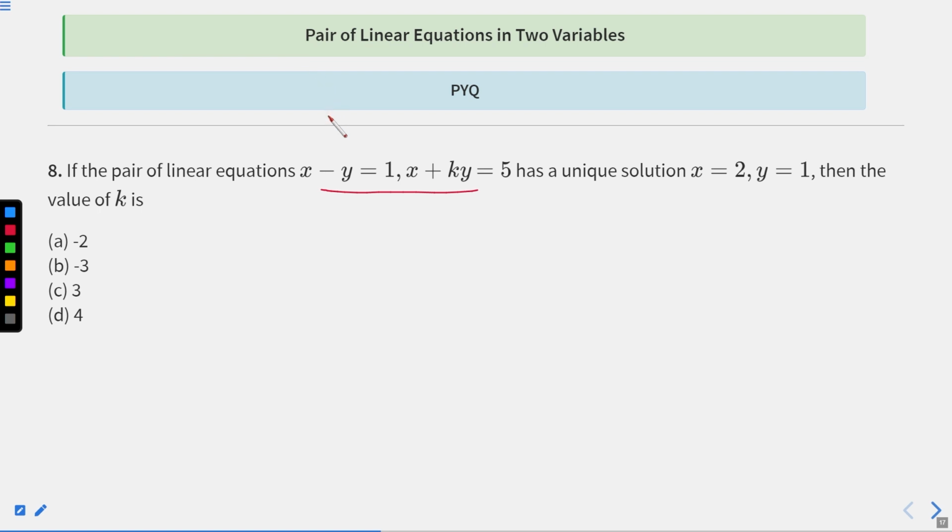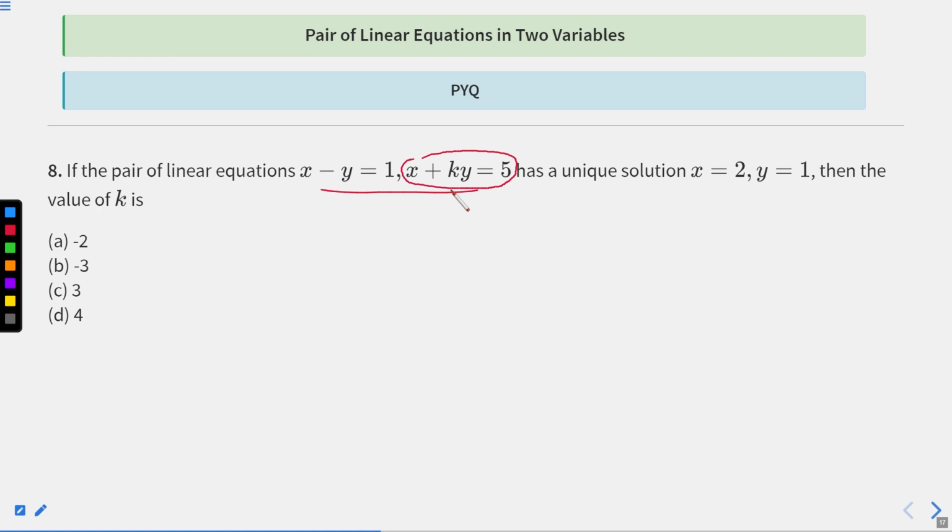So here x = 2 and y = 1 must satisfy this given pair of linear equations. So we can substitute x = 2 and y = 1 in equation number 2, and then we can find the value of k.